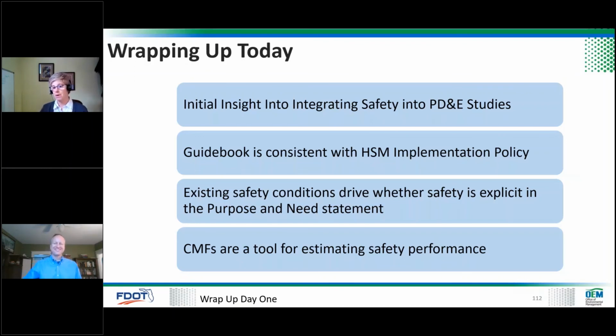The guidebook is consistent with FHWA HSM implementation policy. That existing conditions assessment drives whether or not safety should be in the purpose and need. And CMFs are a tool, obviously, and the clearinghouse is a great resource. And the devil's in the details. I'll say it again. You got to do your homework and your digging. And I think that's it.